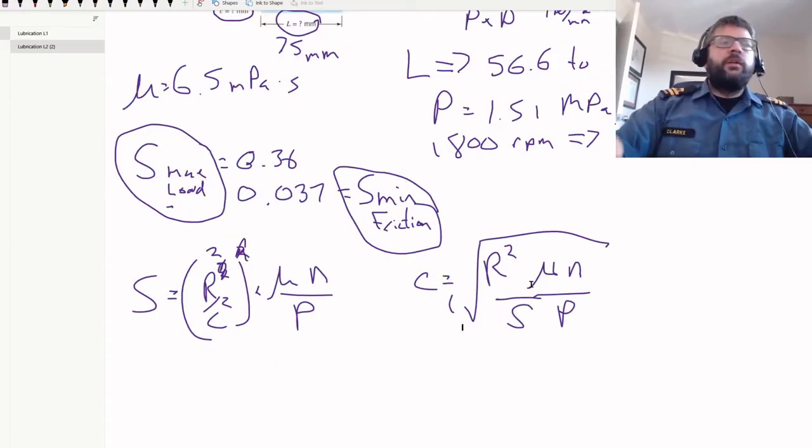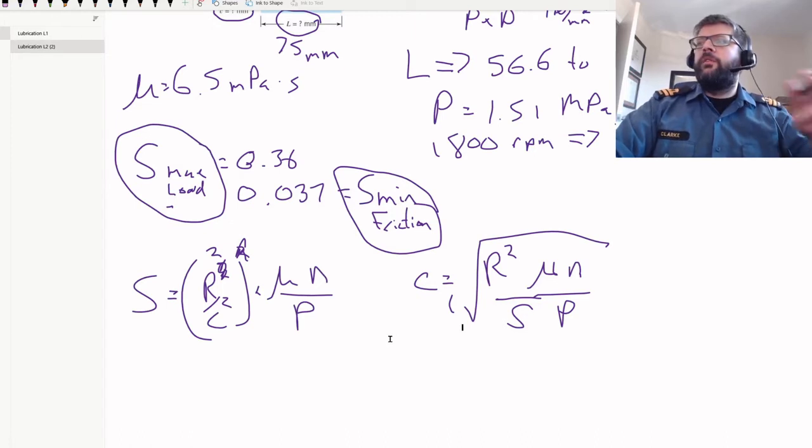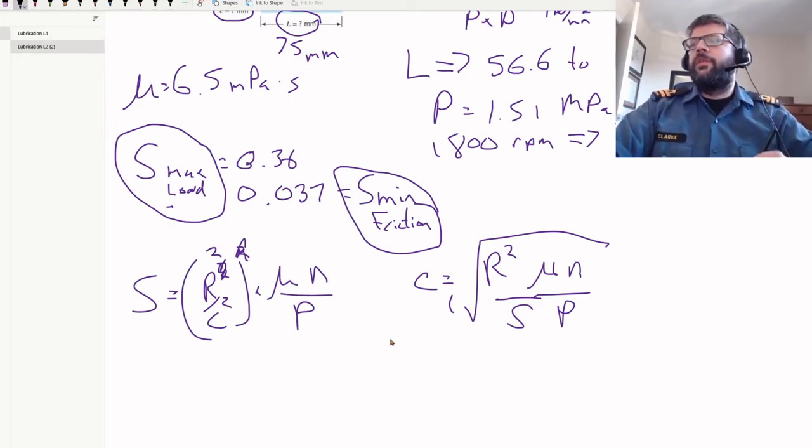So we have two options here for the two different S values.